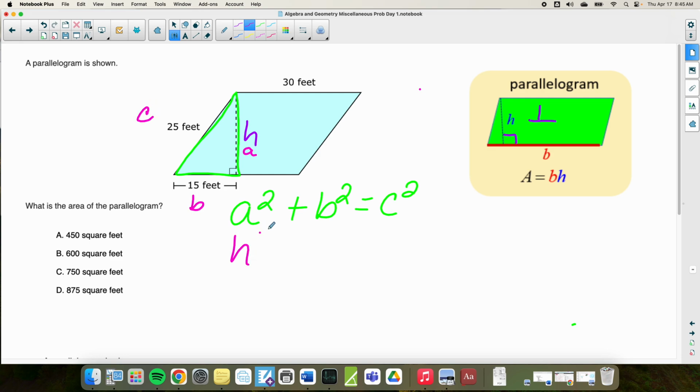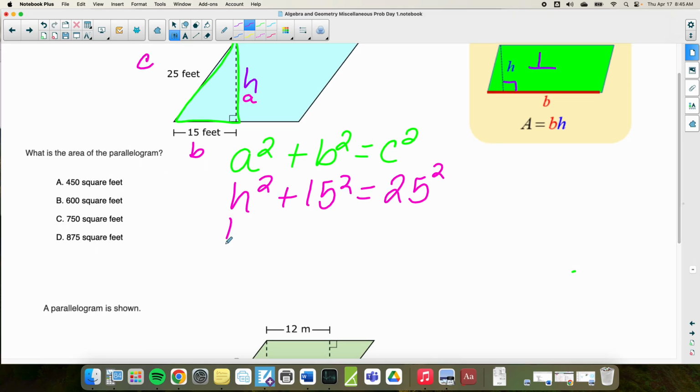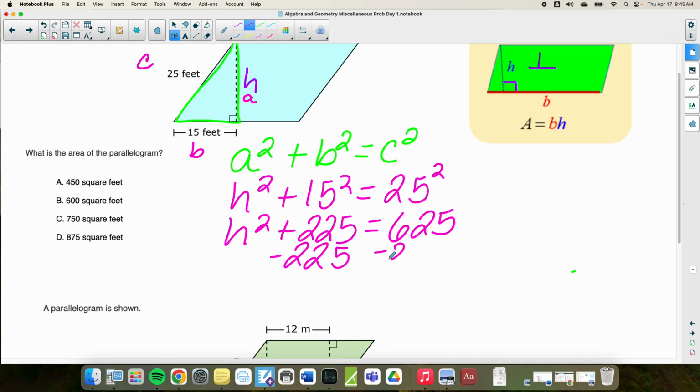So this would be h squared plus 15 squared equals 25 squared, okay? 15 squared is 225. 25 squared is 625. And then you're going to subtract 225. And we would get h squared equals 400.